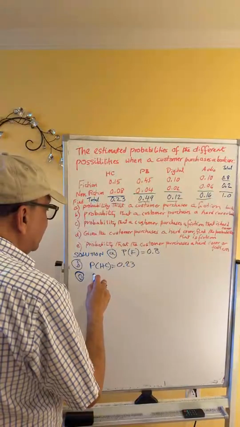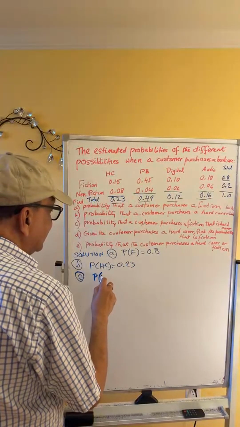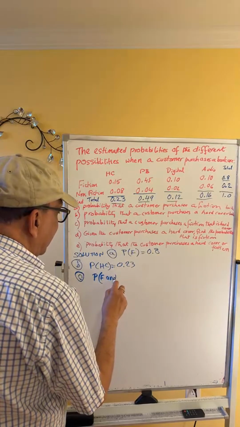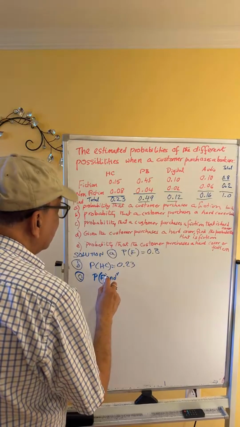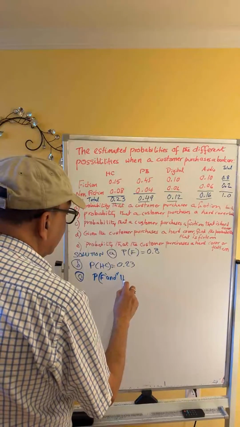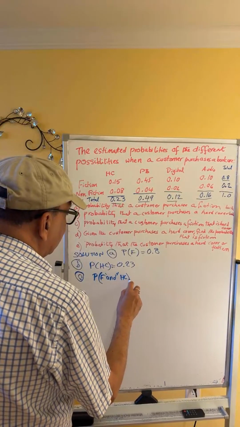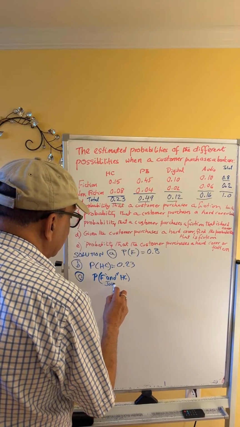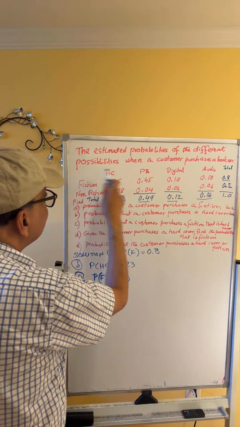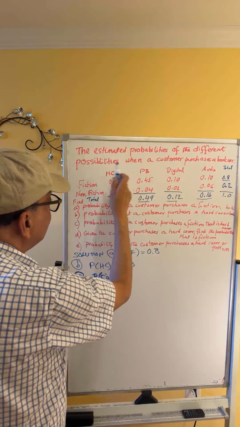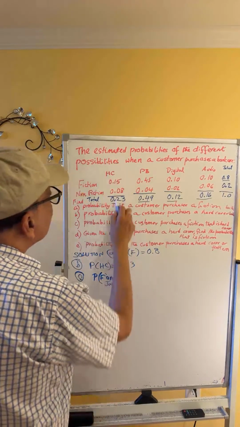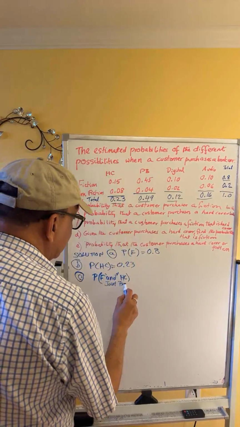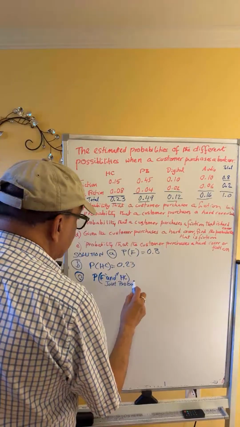The other way of saying it is fiction and hardcover. This is called a joint probability. Why joint? Because fiction and hardcover are joined together at 0.15.